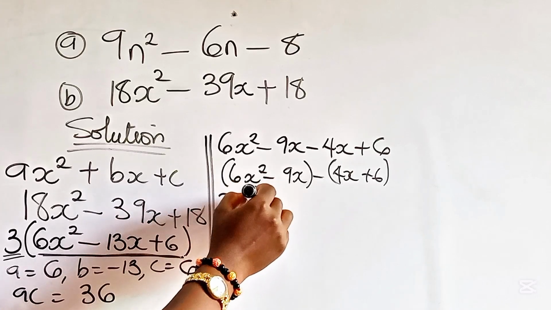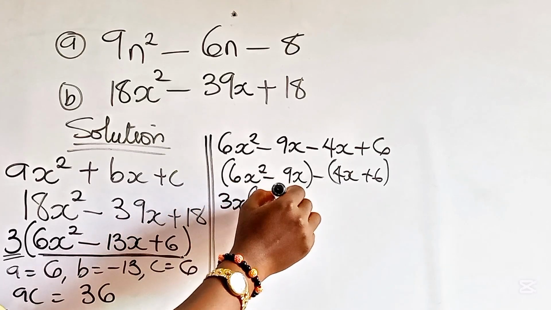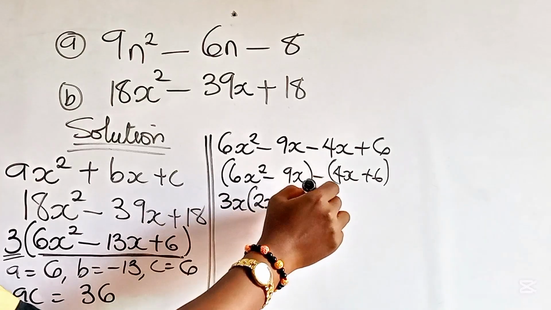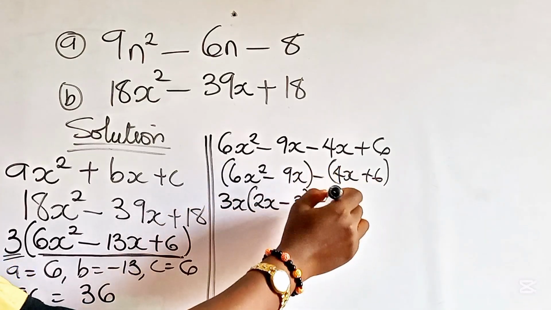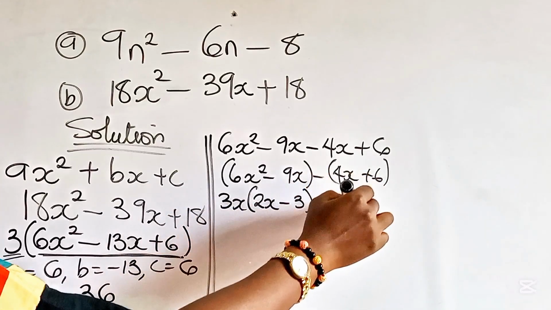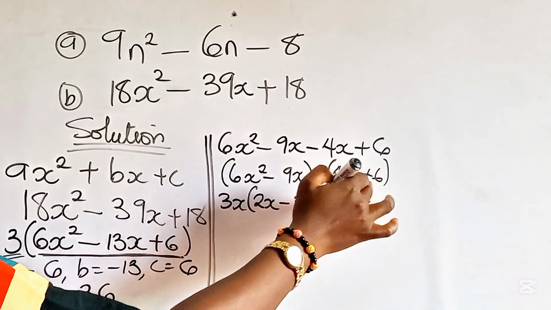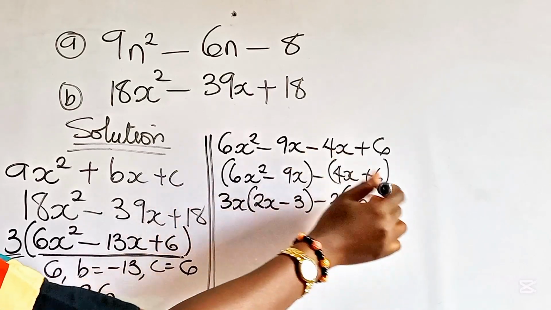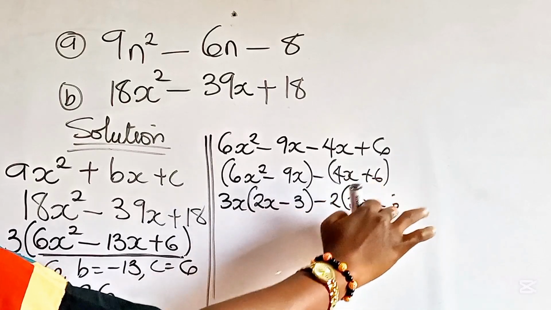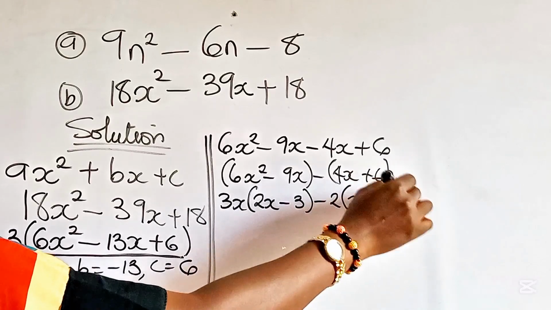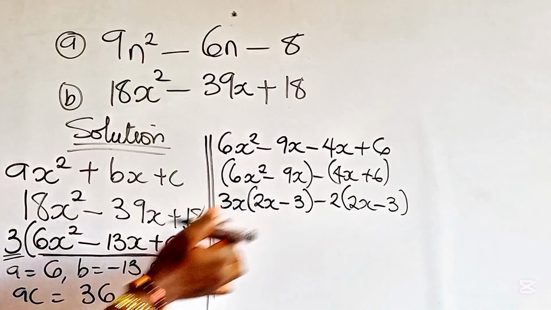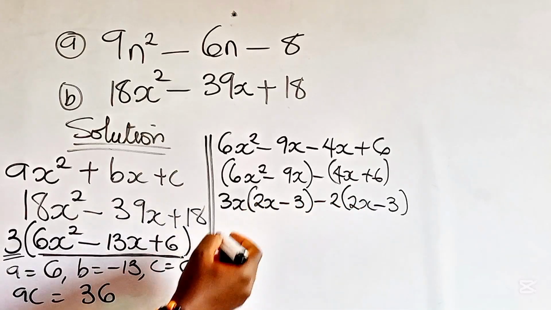This is going to give us 2x minus 3, minus the common factor here is 2, so we have 2x. This minus will affect this plus to give us minus. Then we have 3. As usual, we factor out the common binomial.